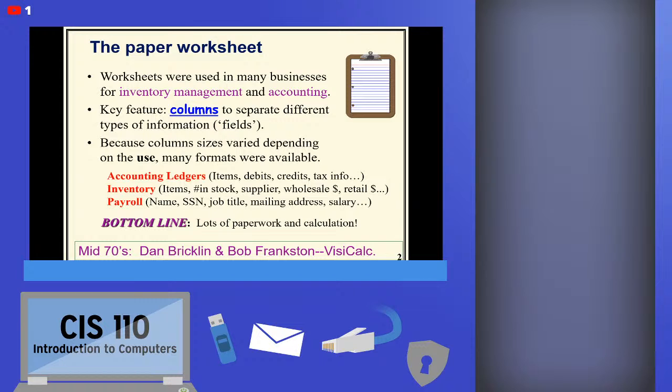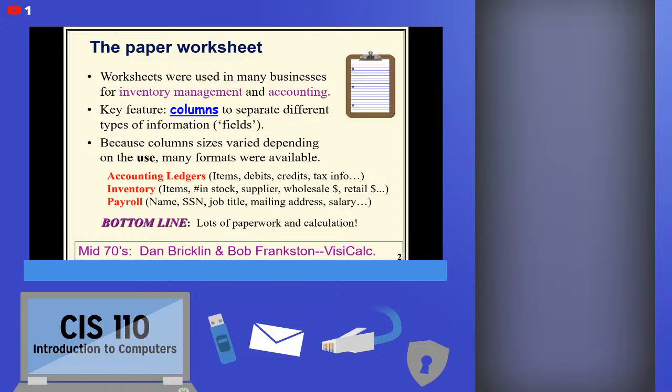So Mr. Bricklin basically said that he got this vision one day of a chalkboard that was dynamic, that you could write numbers in different places, and when you wrote the numbers in the different places, it would automatically do calculations for you.